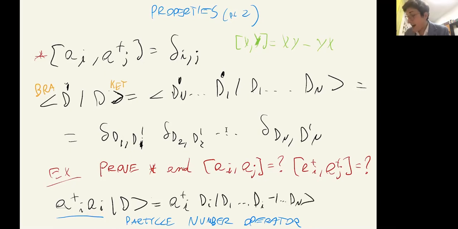Now, when you apply a dagger_i, this will raise this one by 1. And so this will give you d_i |d>. As you can see, this ket has been left unchanged, and you just brought out d_i. It's basically counting how many you have at position i.